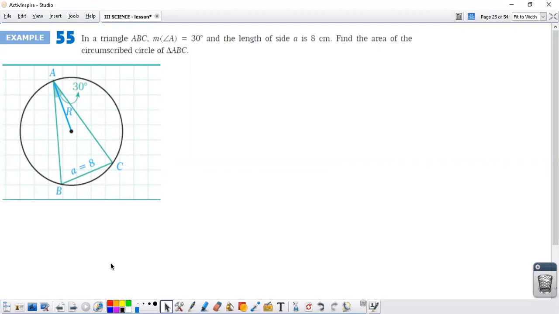Okay, so here, by the law of sines, a over sine A is equal to 2 times R. So 8 over sine 30 is equal to 2 times the radius.